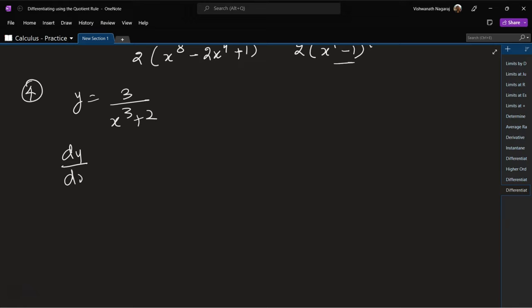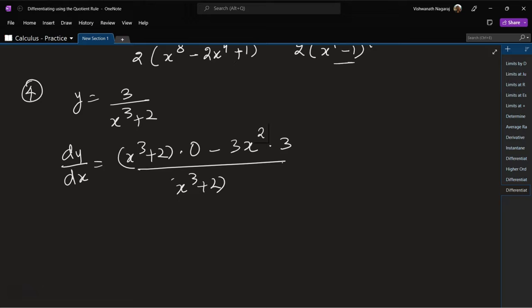So dy by dx is equal to x cube plus 2 times 3 is a constant, so the derivative is 0, minus the derivative of the denominator, so 3x square times 3, divided by x cube plus 2 square, which gives us minus 9x square by x to the power of 6 plus 4x cube plus 4. Okay, pretty straightforward.